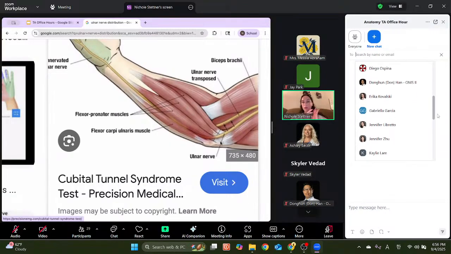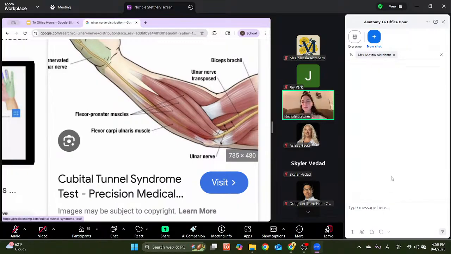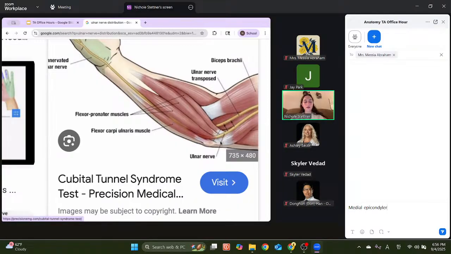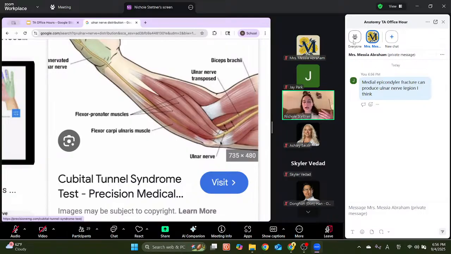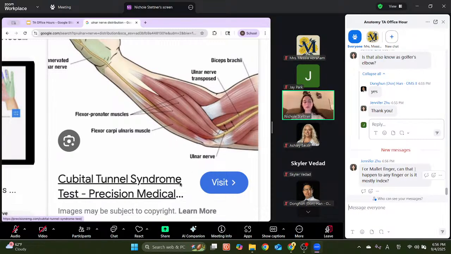Most times it's to the palmar aspect of the little finger and the other half of the ring finger, but obviously you can lose sensation to the dorsal aspect of those, of the medial wrist and hand. But most times you'll feel that change, because that's where you're always feeling things.